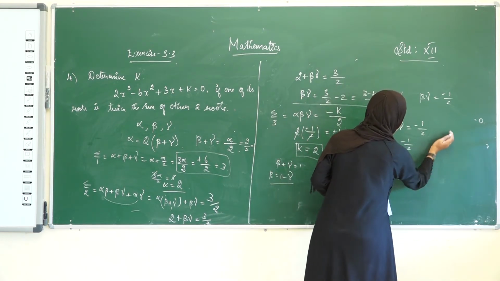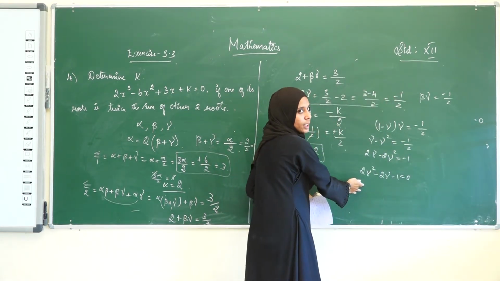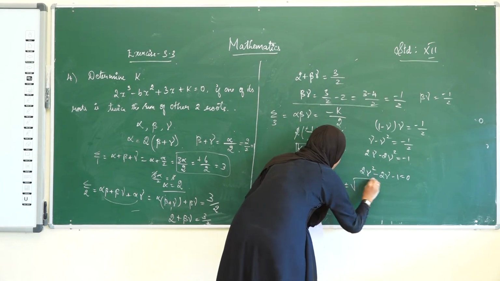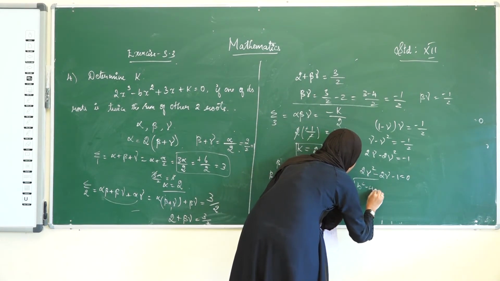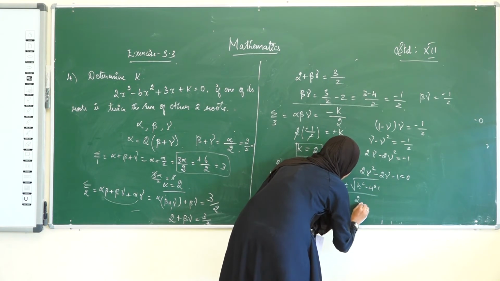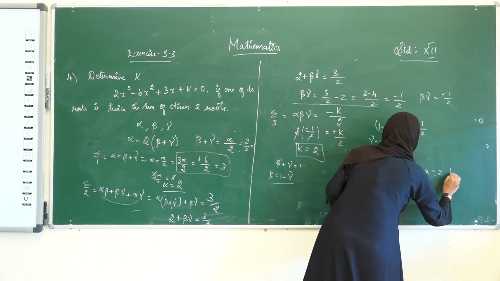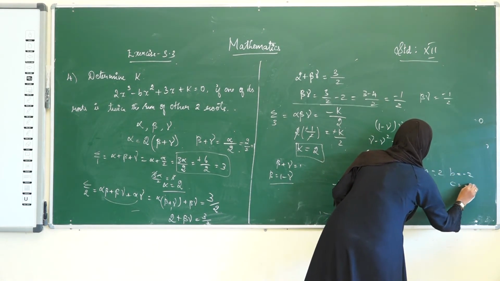So now we are moving on to the quadratic formula, that is minus b plus or minus root of b square minus 4ac divided by 2a. Here a's value is 2, b's value is minus 2 and c's value is minus 1.